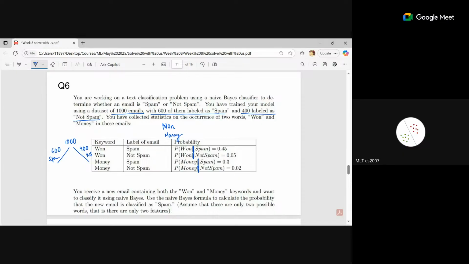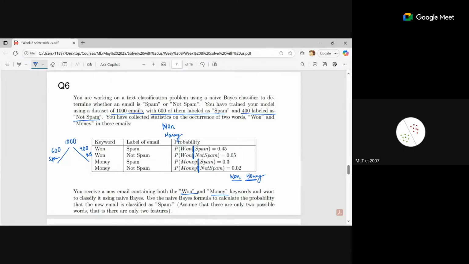Now you receive a new email that contains both the words, "one" and "money". That email you now want to classify, whether it's going to go to spam or to not spam. So use the Bayes formula to calculate the probability. So it has the word one, and it has the word money also.